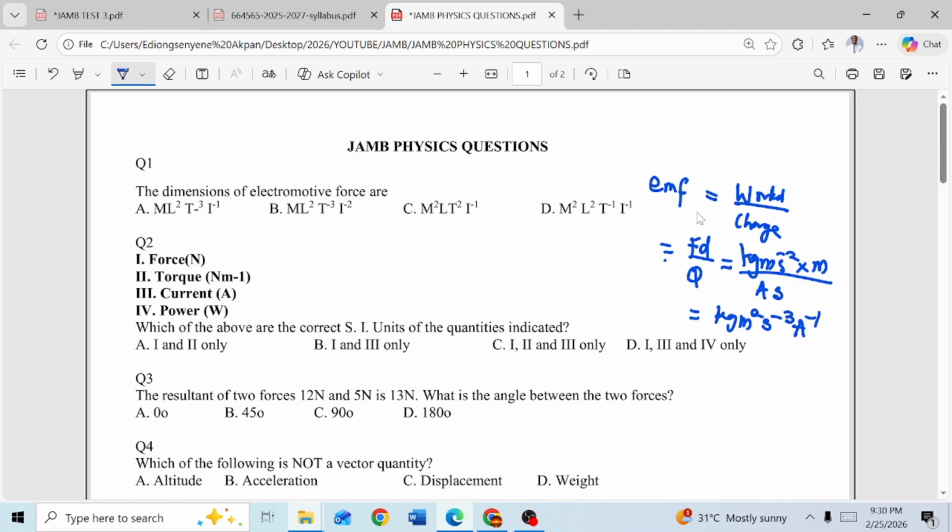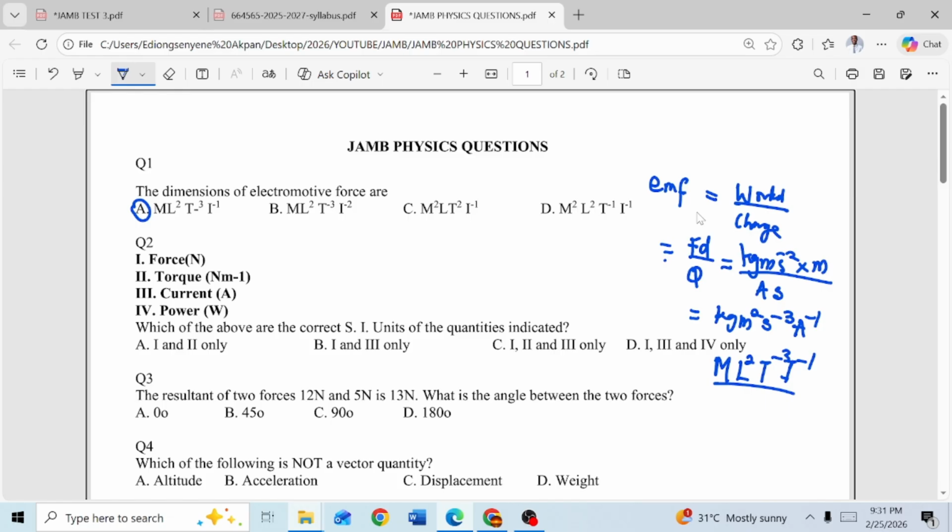This is the SI base unit. For us to get the dimension, our kilogram will take M, our length will take L squared, our time T to the minus 3, and our current I to the minus 1. Our option is A.